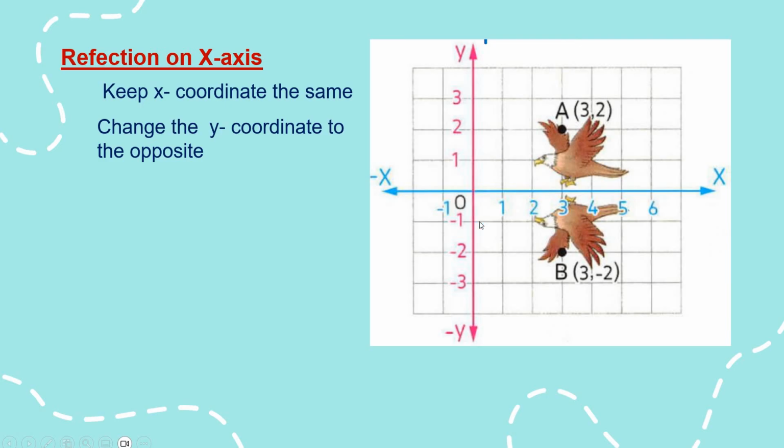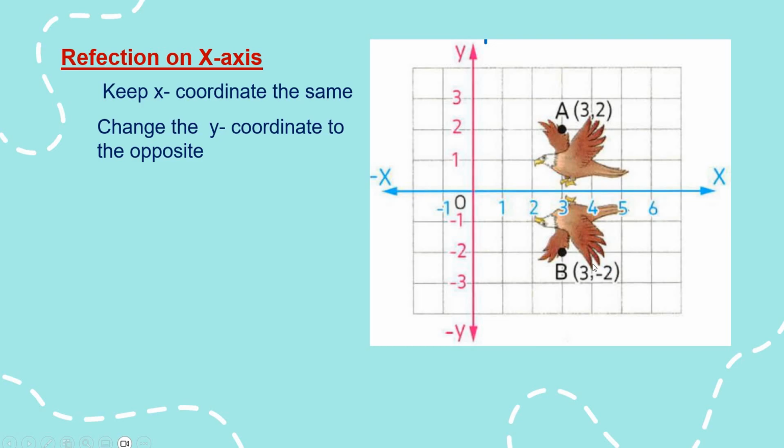What about this one? This reflection will be on the x-axis or the y-axis? Yes, on the x-axis. Here I have the falcon, and the point A here is up, and its reflection is down. So what do you notice?